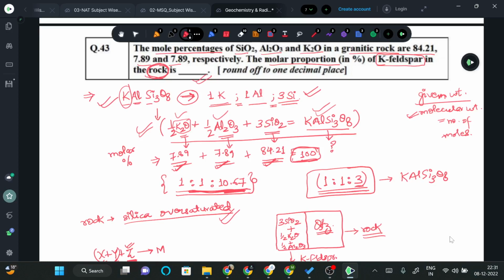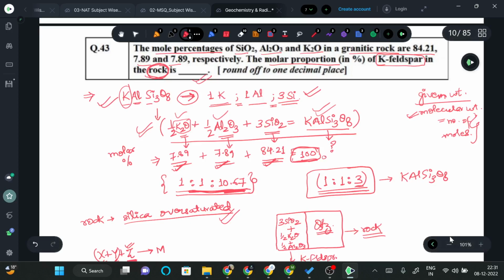So if it is CO2, it is the atomic weight of carbon plus 2 times the atomic weight of oxygen. This is the molecular weight of CO2. So for CO2, if some weight is given, given weight divided by molecular weight gives you the number of moles. So number of moles is just a number. It is just a representation of some quantity. Here it is a representation of weight.